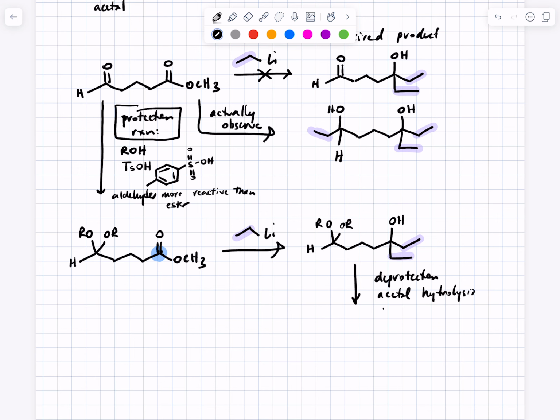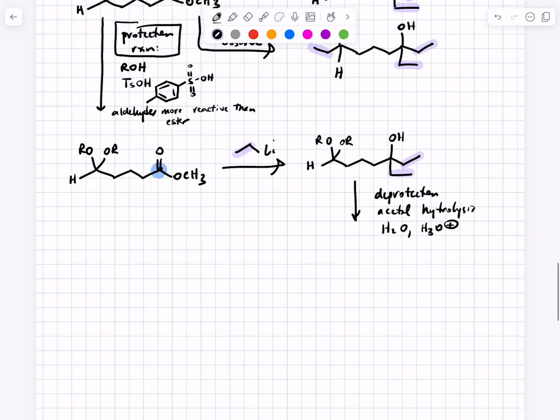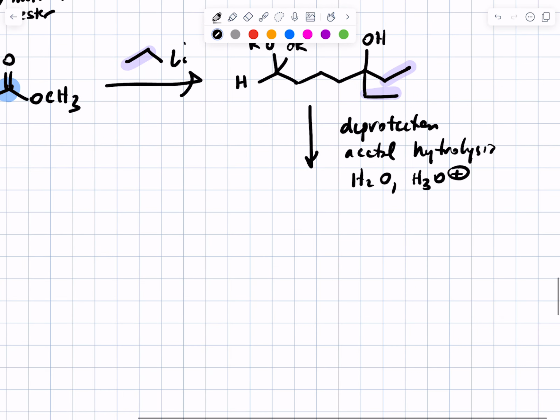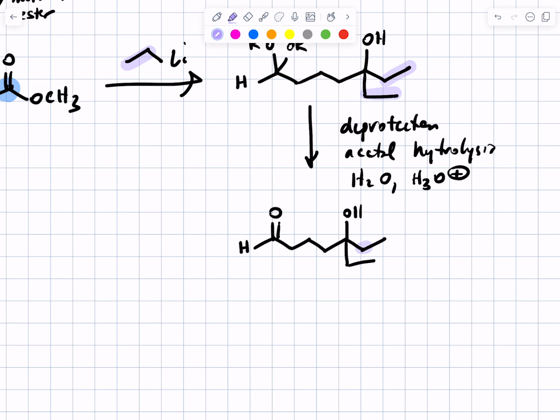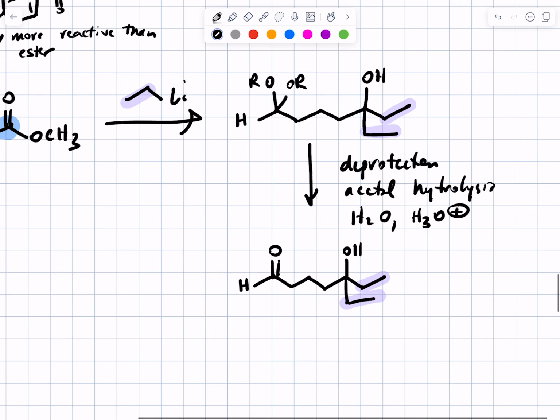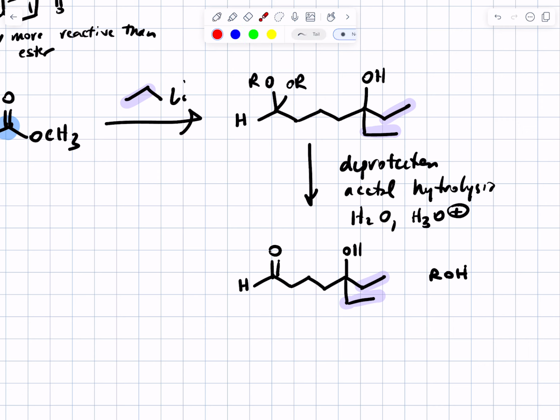And again, that's simply adding water and a catalytic amount of a strong aqueous acid. That should liberate the aldehyde. I think I've kept the right number of carbons there. And then whatever these OR groups are, they will fall off. And you can generally isolate small, simple alcohols from more complicated products.